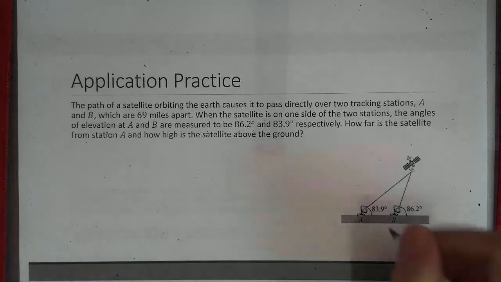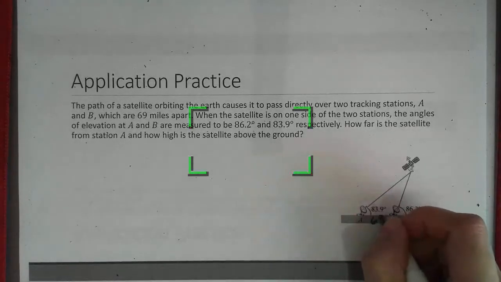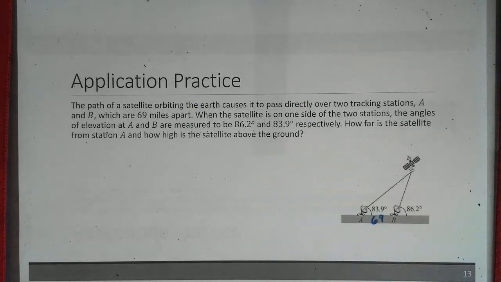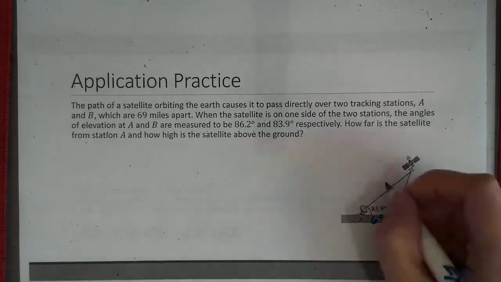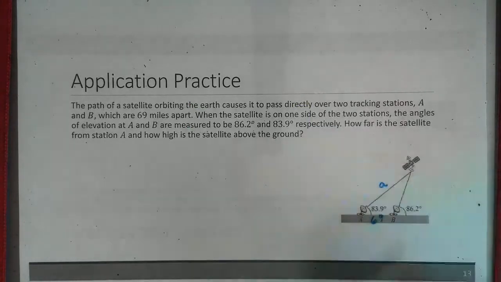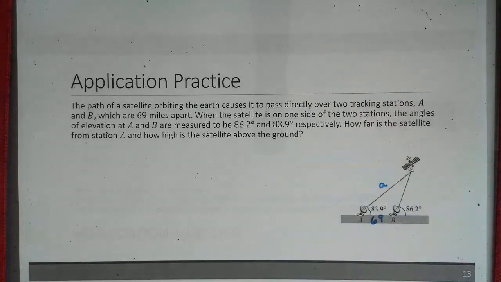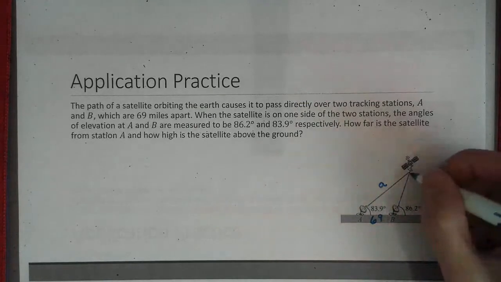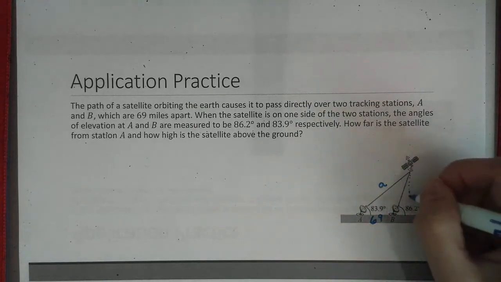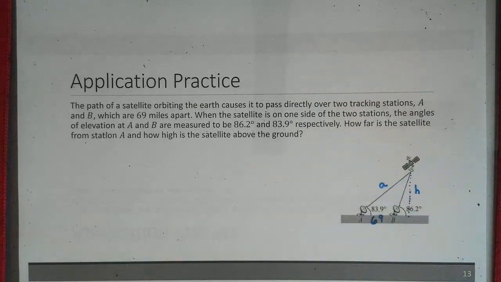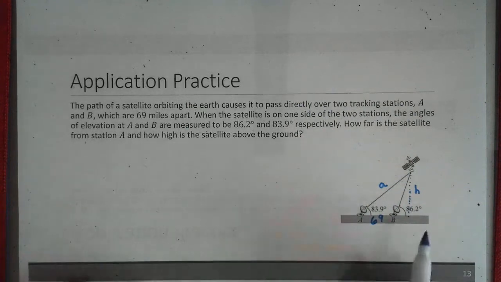So right now we're missing the fact that these are 69 miles apart, so I'm going to label that. I want to find the distance to station A, so I'll call that A. And I also want to find the height off the ground, which will be the vertical distance straight down, and I'll call that H. First up, let's find A. Well, wait a minute.